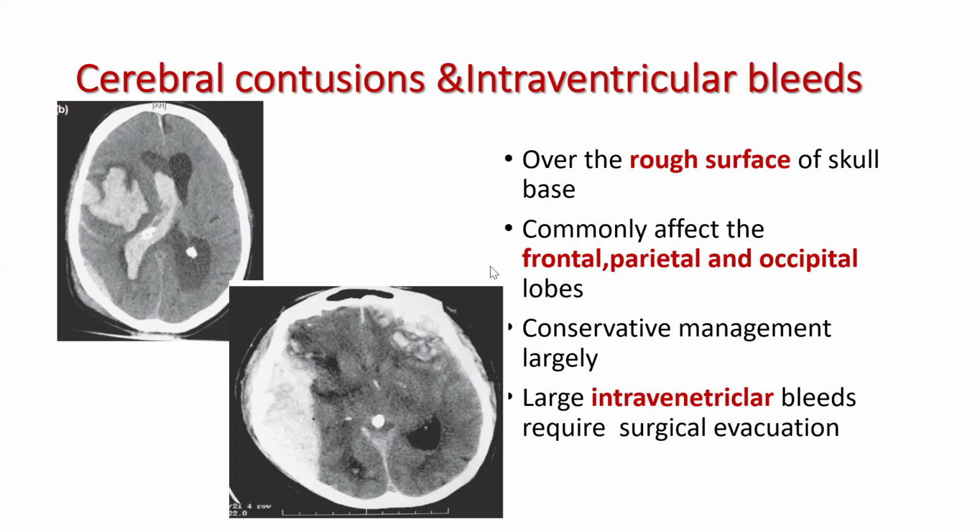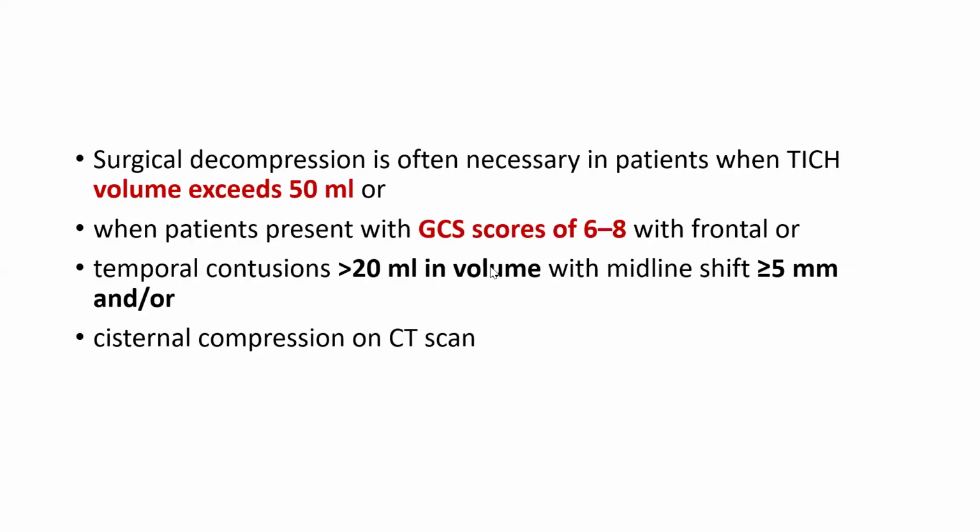We have seen many of these patients on our ward with contusions, and they are being managed conservatively. Large intraventricular bleeds require surgical evacuation because they can block CSF flow and cause increased intracranial pressure.